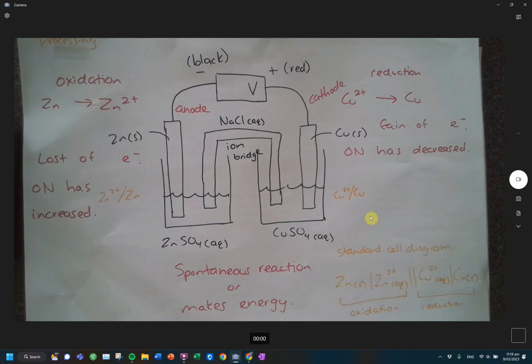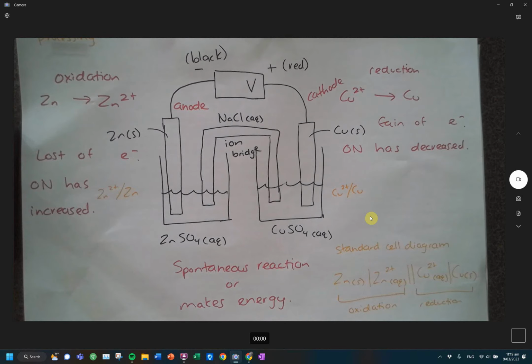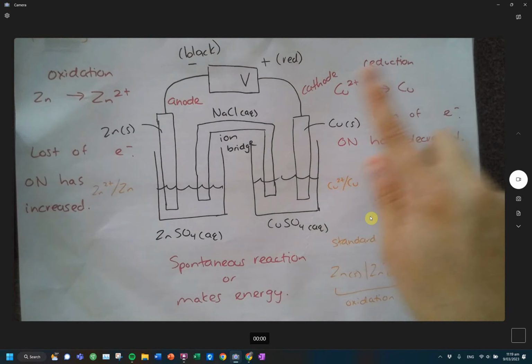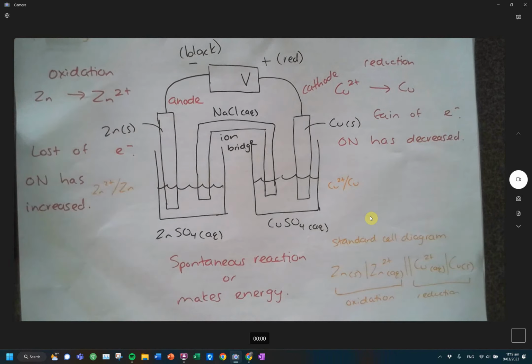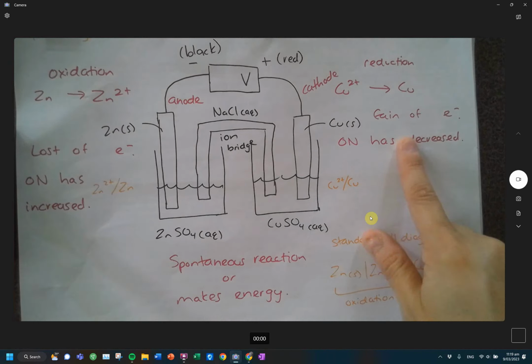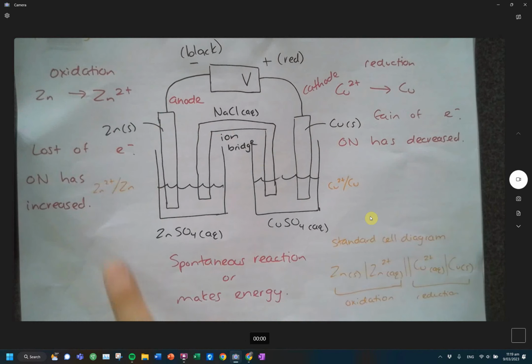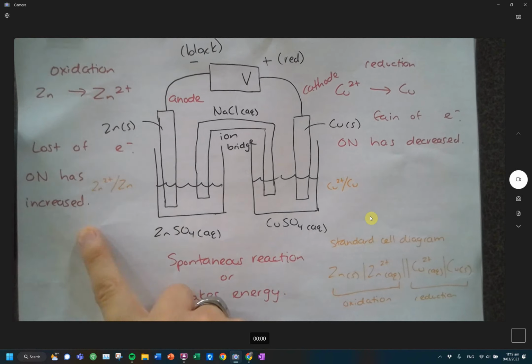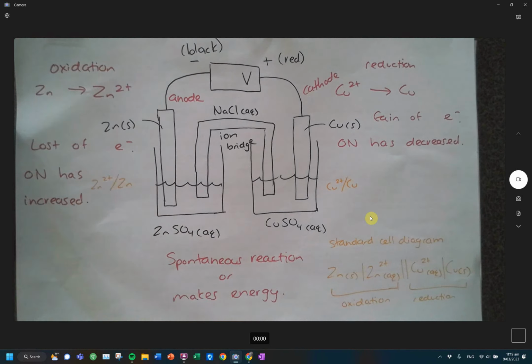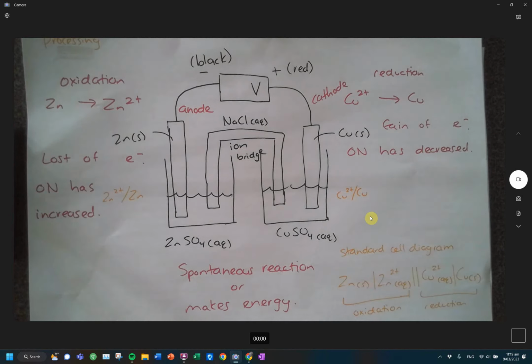So identifying that this is a spontaneous reaction, identifying the cathode is reduction, the anode is oxidation, identifying the definitions of reduction, gain of electrons, or you can tell me the oxidation number has decreased, oxidation, loss of electrons, oxidation number has increased. So those things all stay the same. The last thing you then need to do, and this is going to be the tricky part for the achieved, is being able to unpack the question and process it.